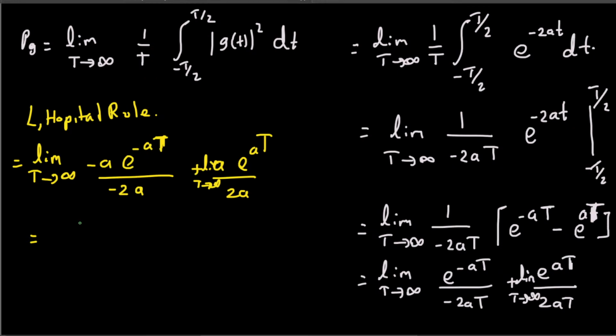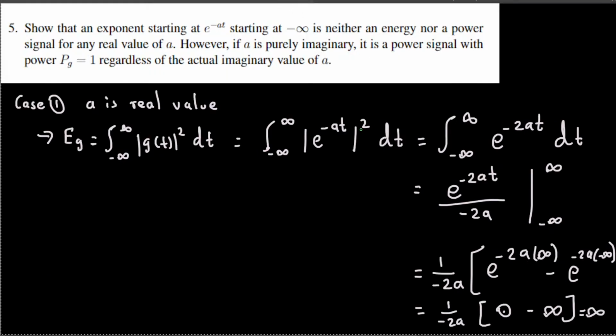So for this one it's going to be 0, and for this one it's going to be infinity. So 0 plus infinity, that's infinity. So the answer is infinity. Therefore this one is not a power signal as well. So this is neither an energy signal nor a power signal. That's what we want to prove. That's what the first part of this one is asking.